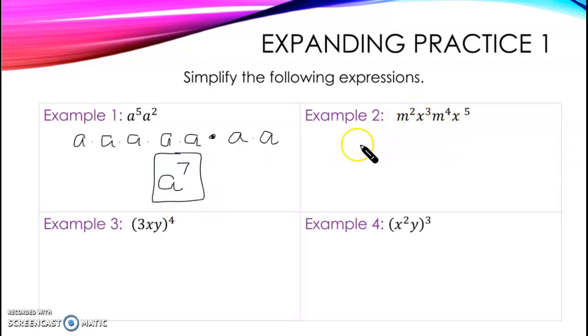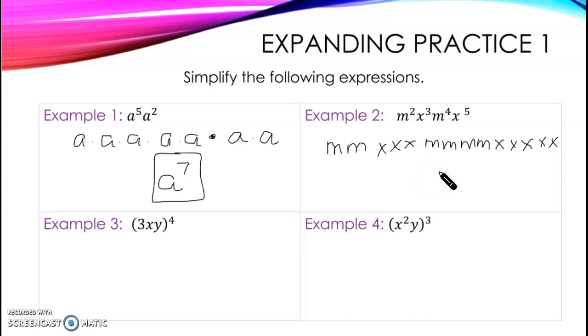So we have m to the 2nd power, so that's going to be 2 m's. And then x to the 3rd. I'm not even writing the multiplication symbol anymore. M to the 4th power, and then x to the 5th. Okay, so you can multiply things in any order.